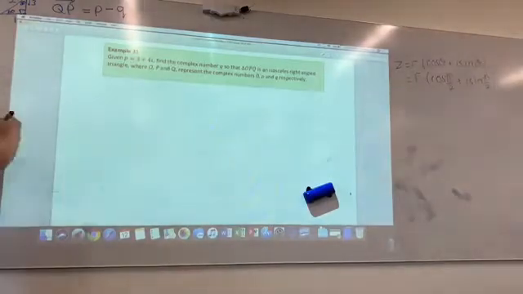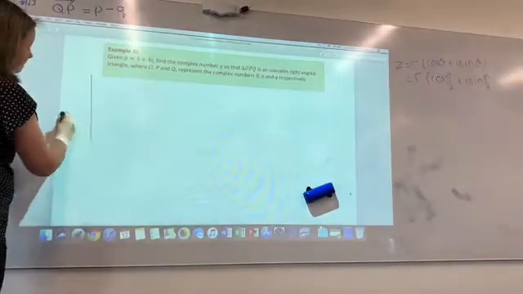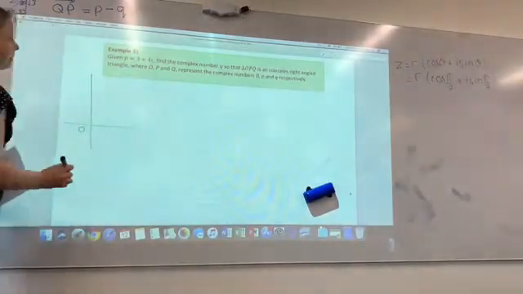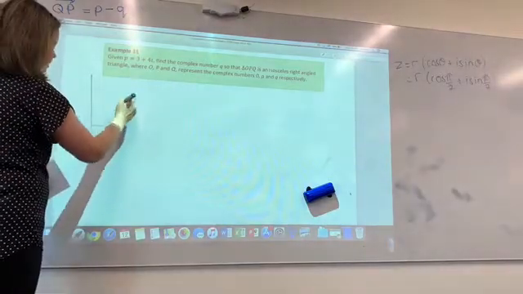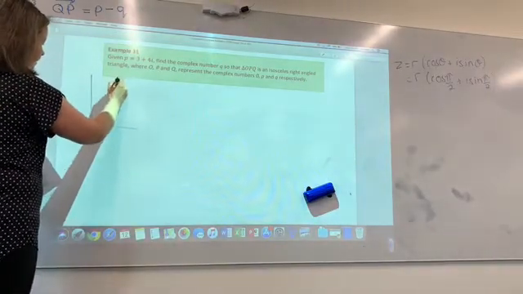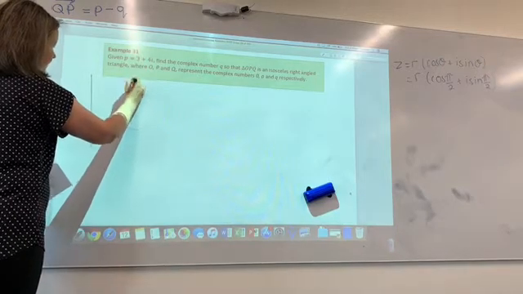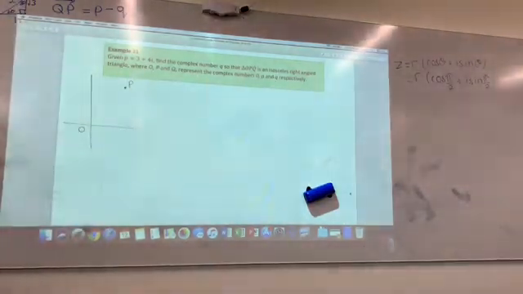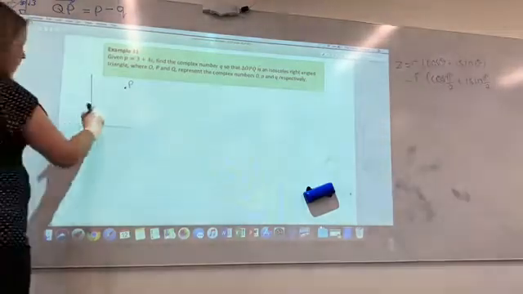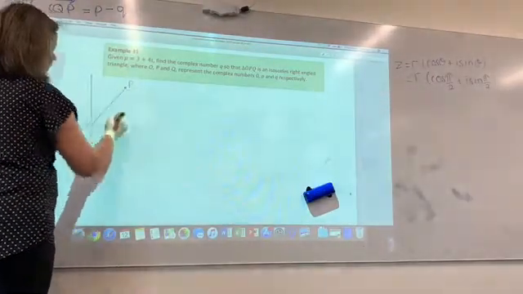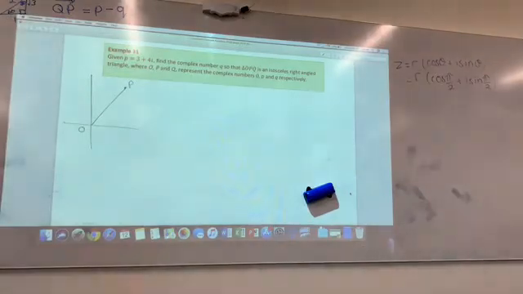So if I draw a diagram, OP is at 3 plus 4I, so we'll say maybe here somewhere. And it's isosceles right angled, so we know that there has to be a right angle in there somewhere.